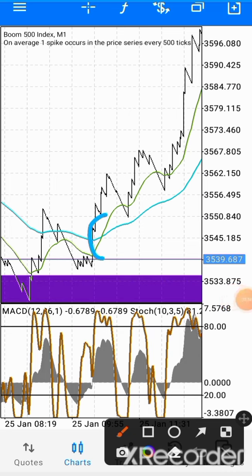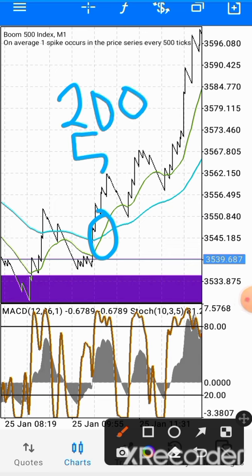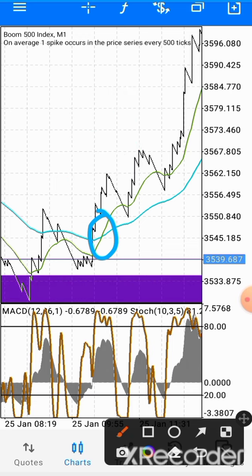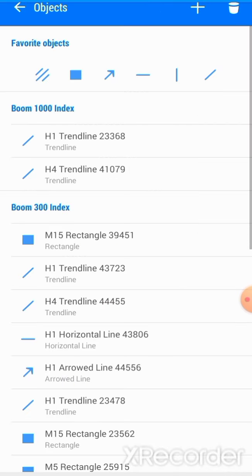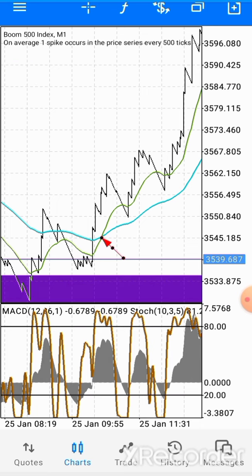Remember, this is the 200 moving average and the 50, and we call the cross of these two the golden cross, GC. Having had this cross here gave me a reason to enter.